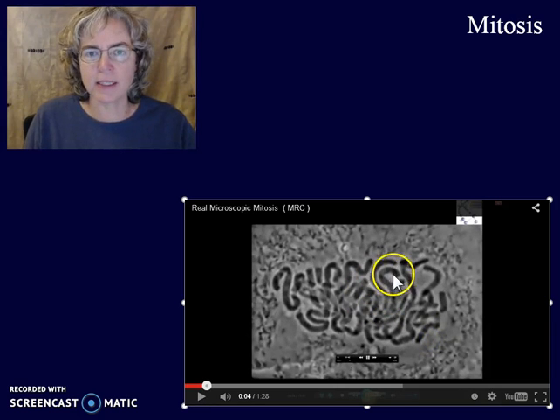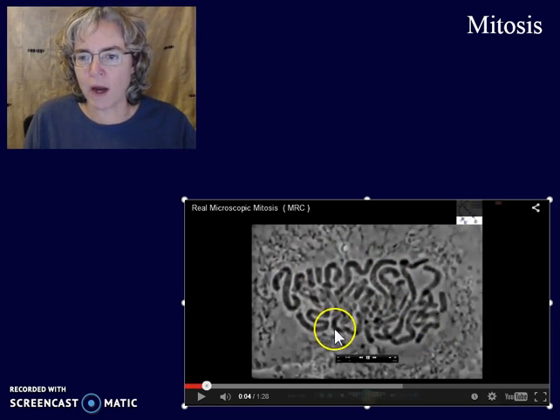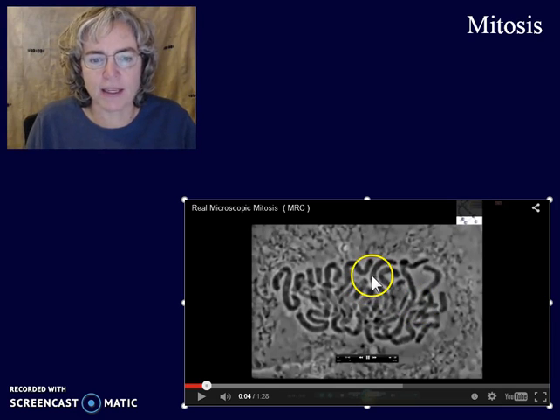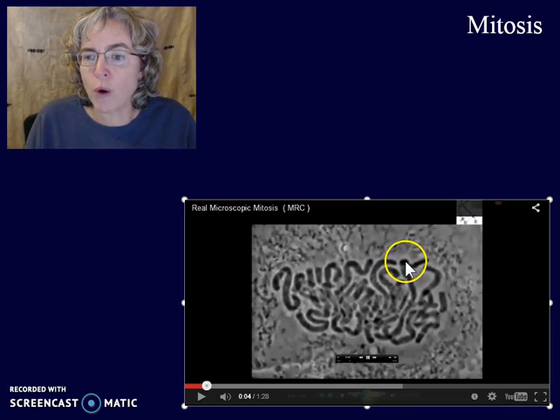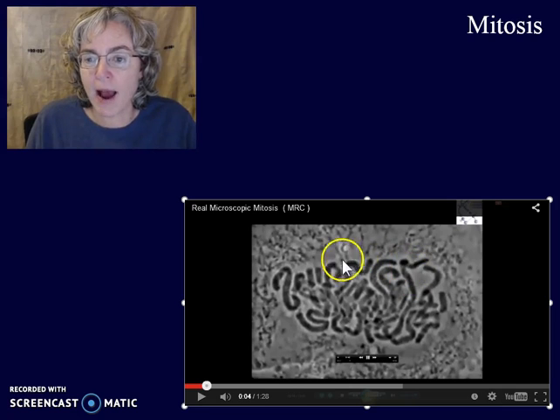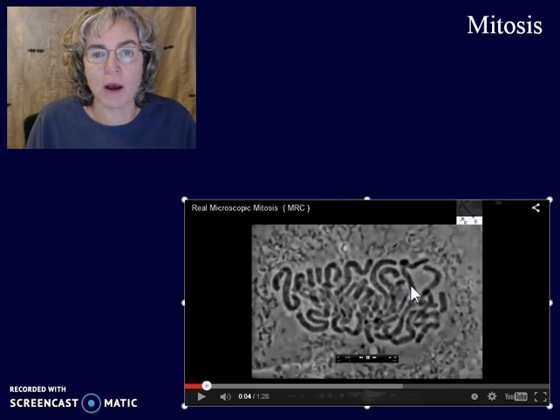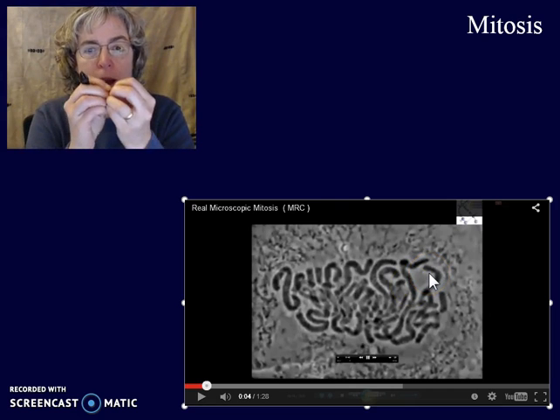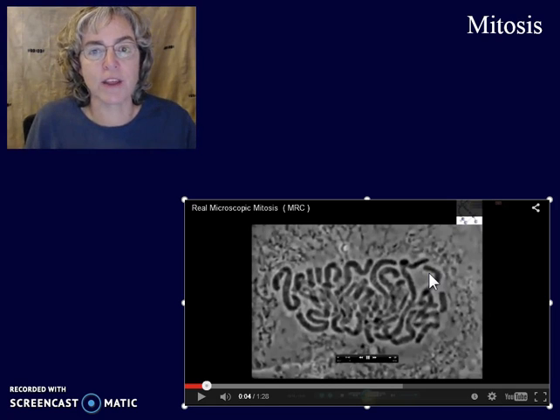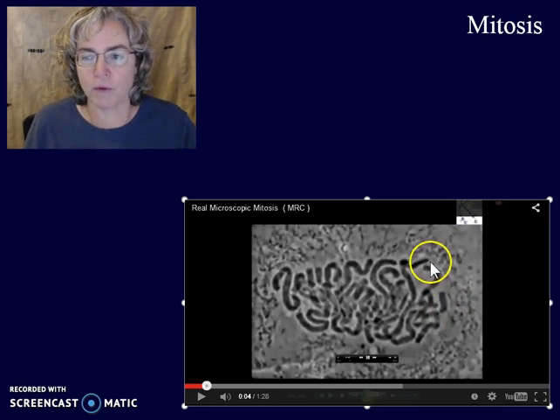So this is typical of what a cell in prophase looks like. The DNA has already been replicated in interphase. The chromosomes in interphase were in chromatin form. Now in mitosis, they need to be all wrapped up and bundled up so that they can be moved around the cell much easier than a strand of chromatin can be moved around the cell.